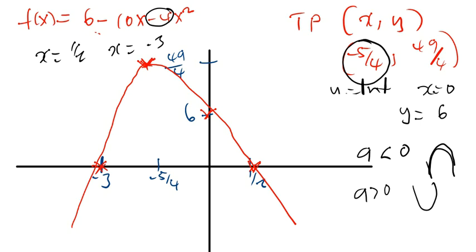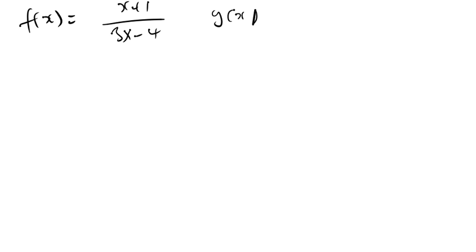Another set of the questions that you guys should be familiar with is composite function. Let's say, given that f of x is equal to x plus 1 divided by 3x minus 4, then given that g of x is equal to x squared minus x, then h of x is equal to the square root of 4x minus 3.